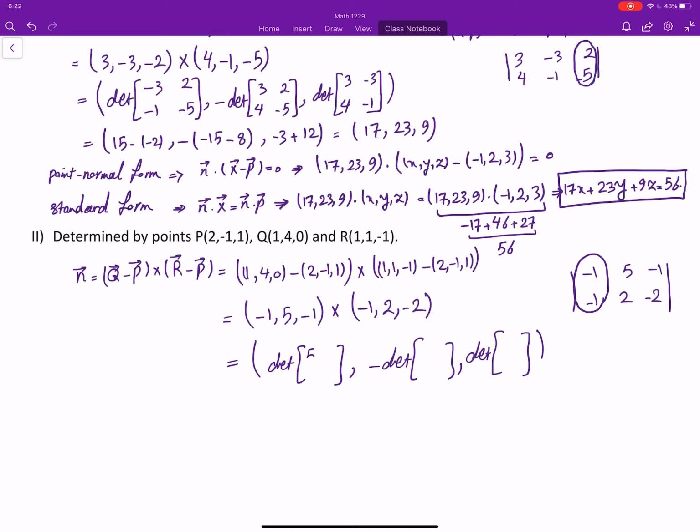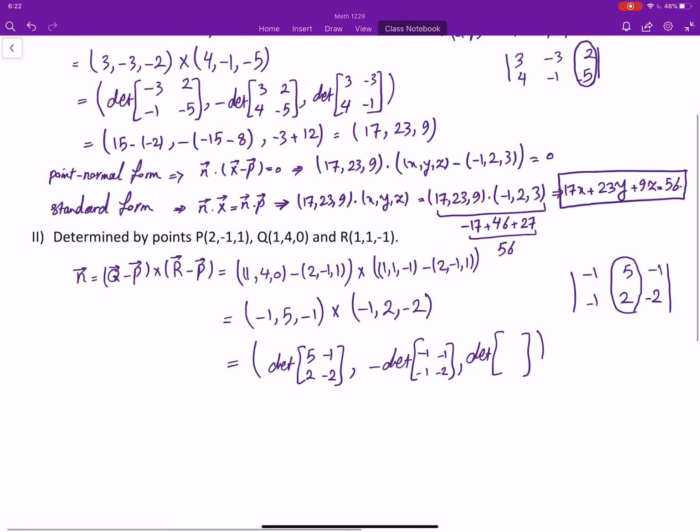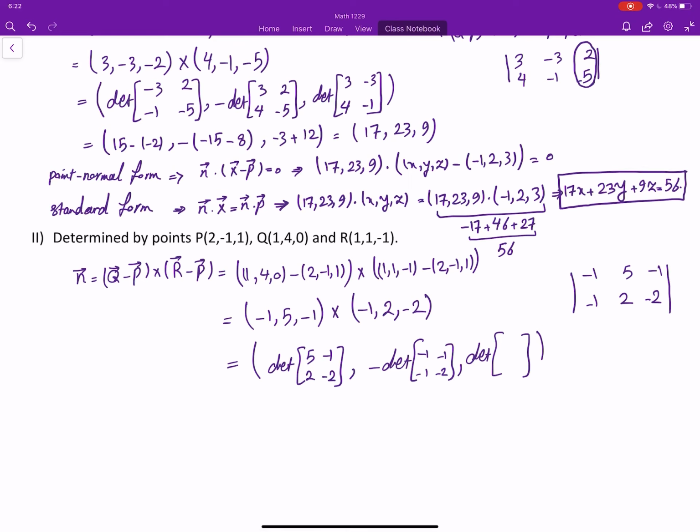That gives us 5, -1, 2, -2. The second one, ignore the second column, -1, -1, -1, -2. For the third one, ignore the third column, so it will be -1, 5, -1, 2.